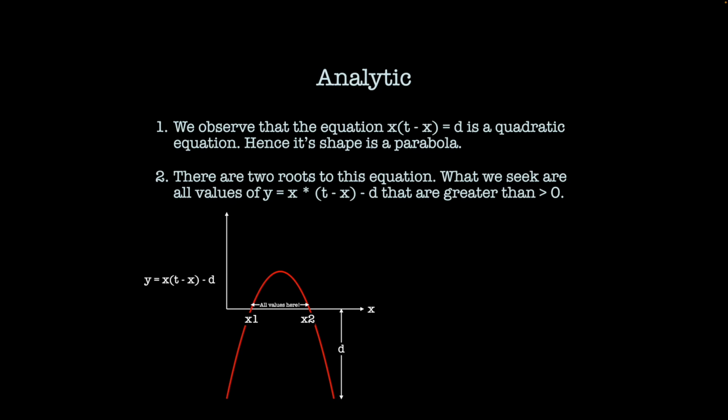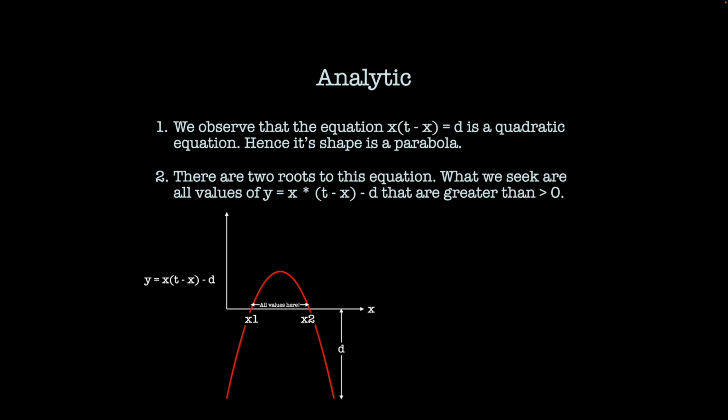Here you see the parabola, which is the plot of the equation, and the two roots x1 and x2. So all the values on the red plot which are above the x-axis are all the values of x for which the value of y is greater than d.